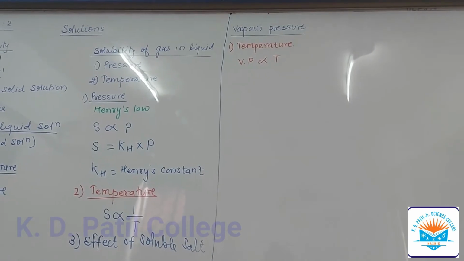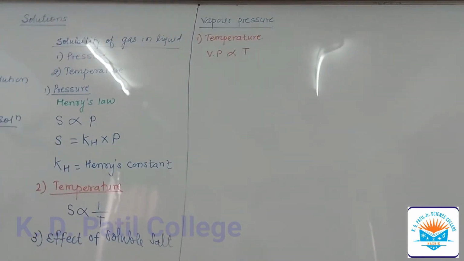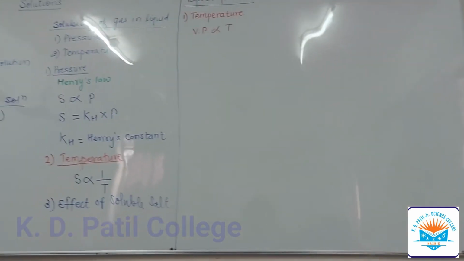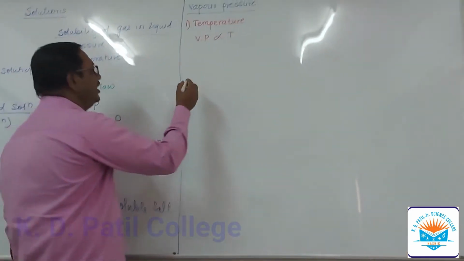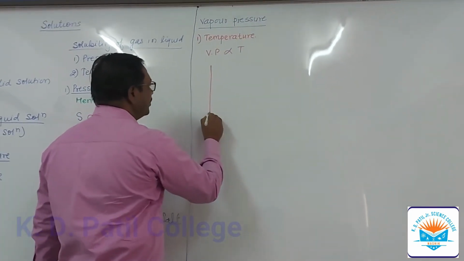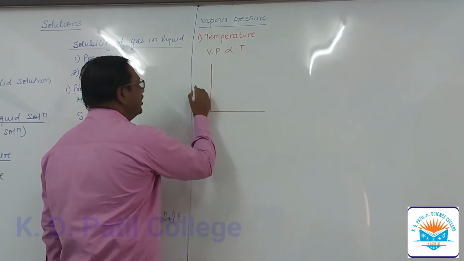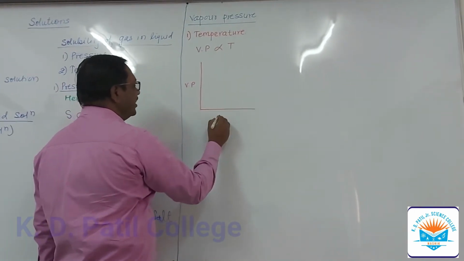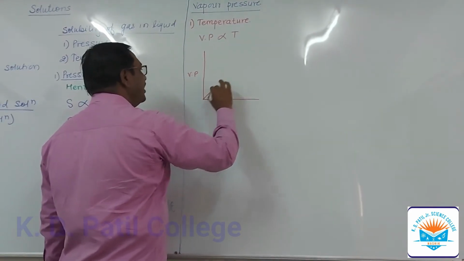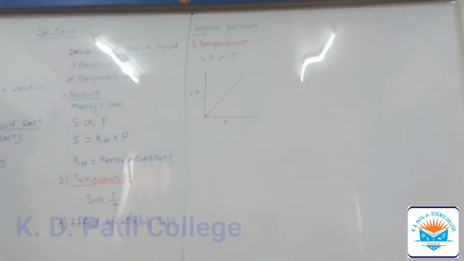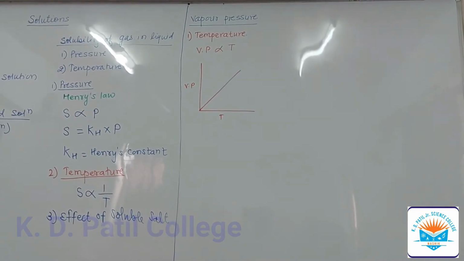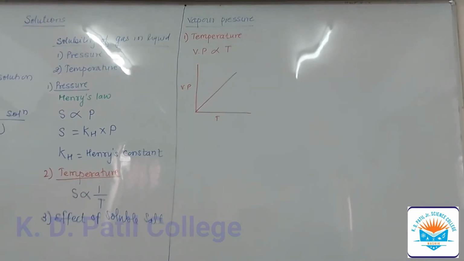What it means here is, when temperature increases, vapor pressure of liquid also increases. For example, when we show graphically vapor pressure versus temperature, there is an increase in vapor pressure with increasing temperature.